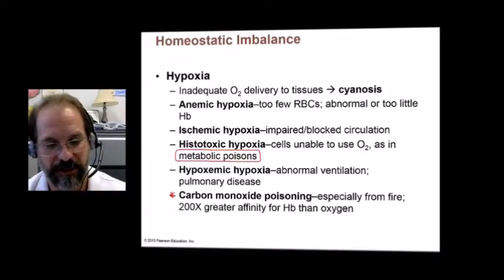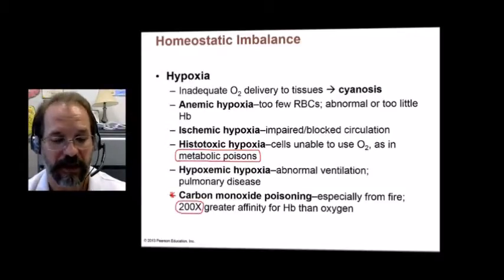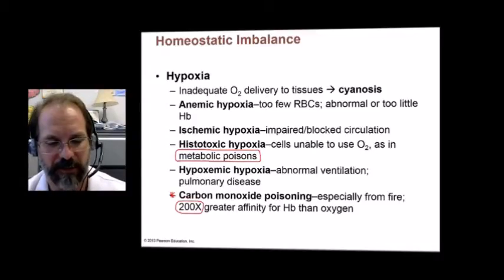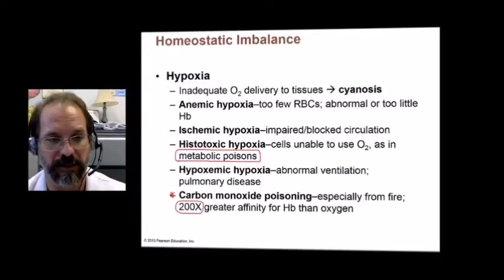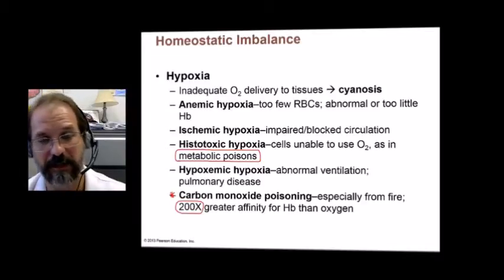And it does so, and check this out, with 200 times greater affinity than oxygen. Now, I can't really explain why that is, but carbon monoxide binds to the heme center much more tightly than does oxygen, which means if you come in contact with even minute amounts of carbon monoxide, it gets into your hemoglobin and effectively causes anemic hypoxia.